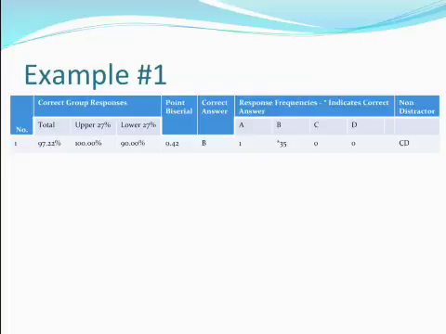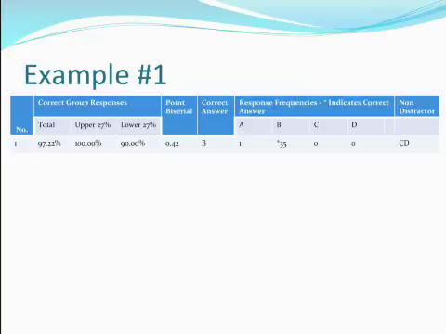Those who scored in the upper 27% on the overall exam, 100% of them got this question correct. Then when you look at the lower 27% of the students who performed overall on this test, 90% of those got this correct.